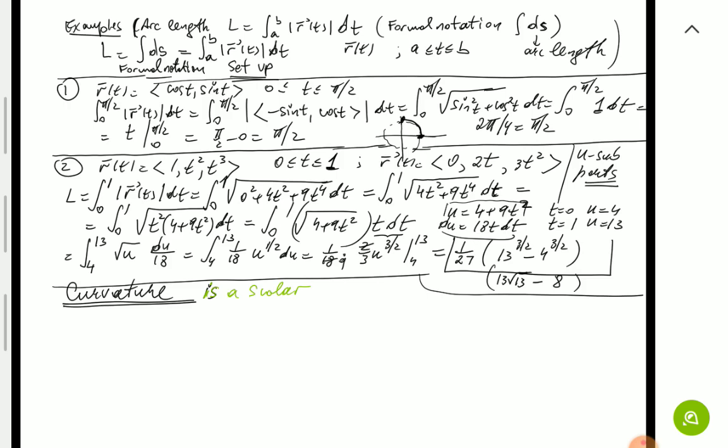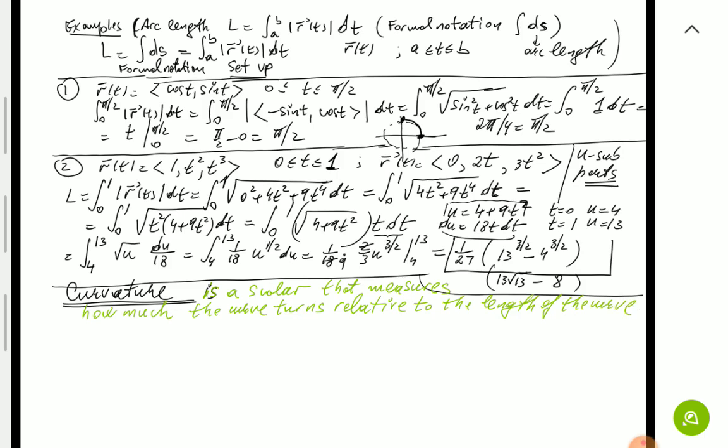So it's a scalar that measures how much the curve turns relative to the length of the curve.